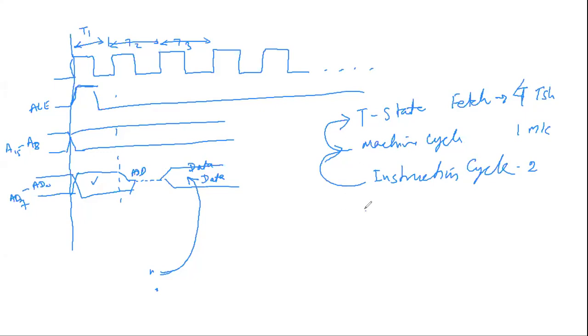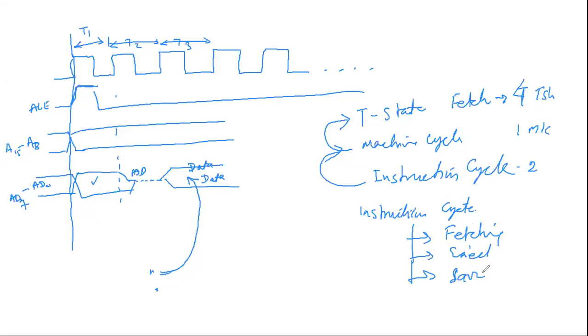So if you say the complete instruction cycle, as you have studied in the previous course, it consists of fetching the operation, executing the instruction, and transferring the result back into the memory. So this is one machine cycle, this is another machine cycle, this is another machine cycle. So put together 3 machine cycles may be required to perform an execution, read and write operation.